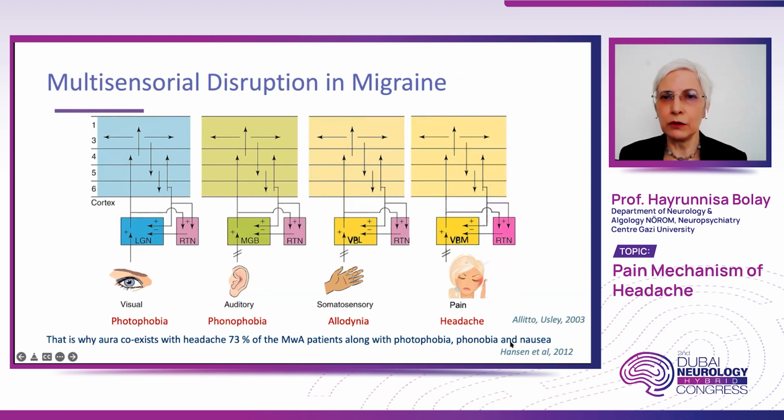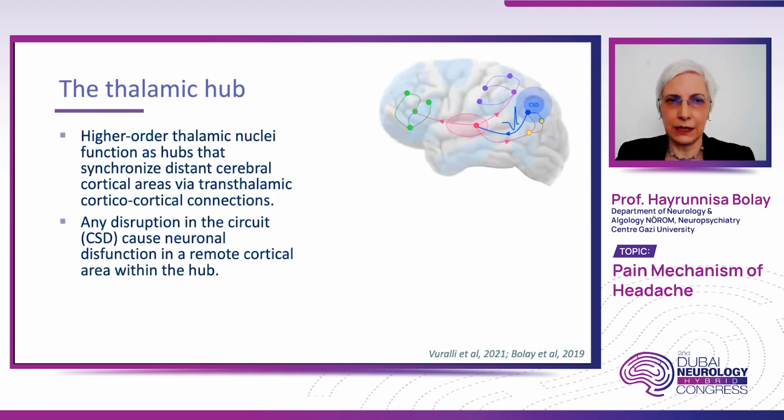So the involvement of reticular thalamic nuclei or any other higher order thalamic nuclei could be important in that perspective. And we could say higher order thalamic nuclei, such as this pink one here, can function as a hub, which synchronizes distant cerebral cortical areas via transthalamic connections.